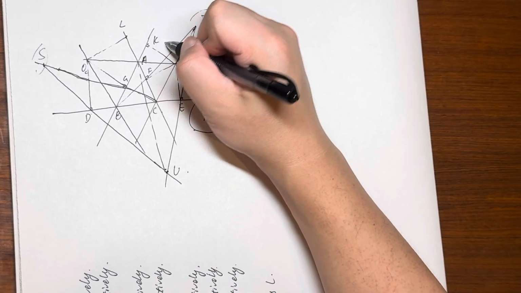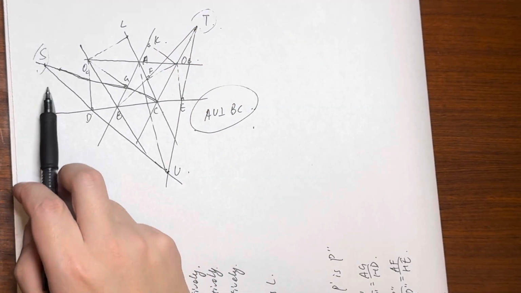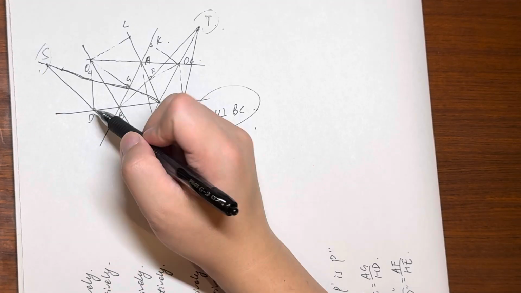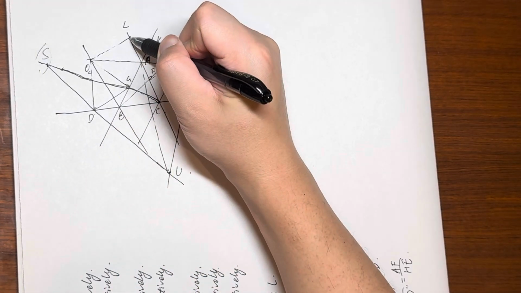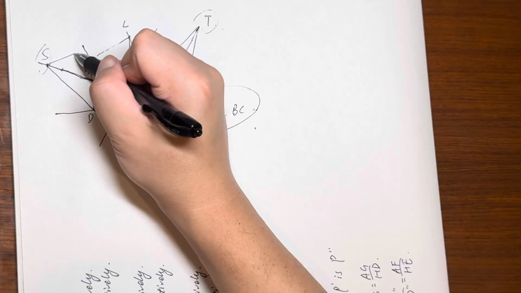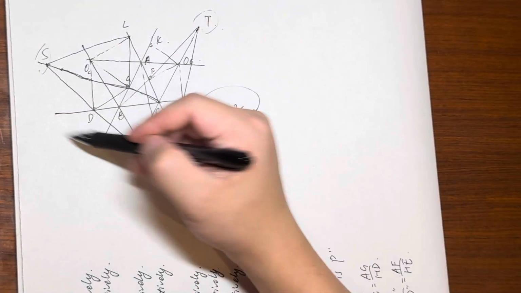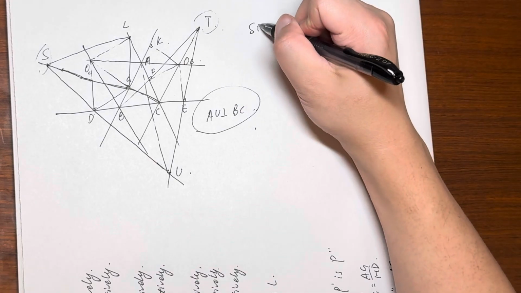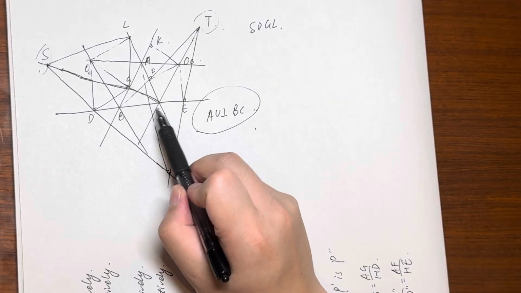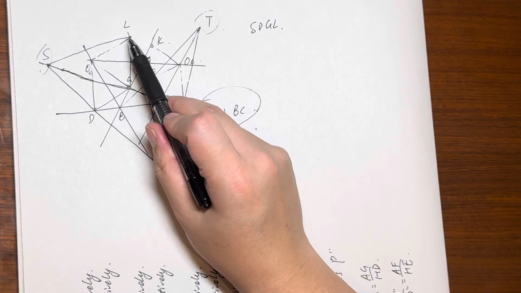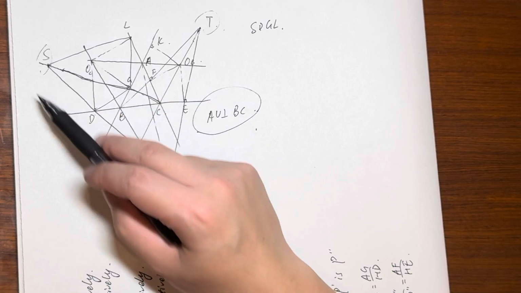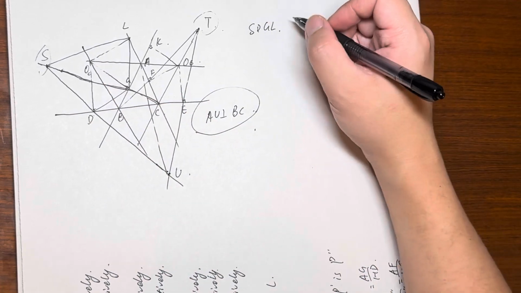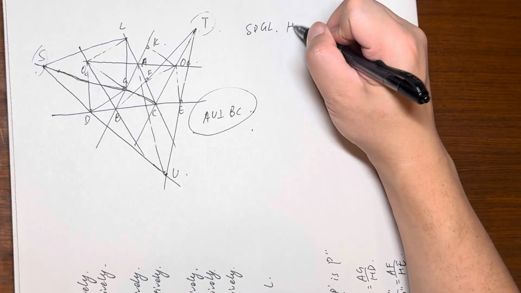Let's call it K. Then we know that SDGL, right? SDGL. This SDGL, because CD and CL are the tangent lines of the circle OC, so we know that SDGL is a harmonic quadrilateral.